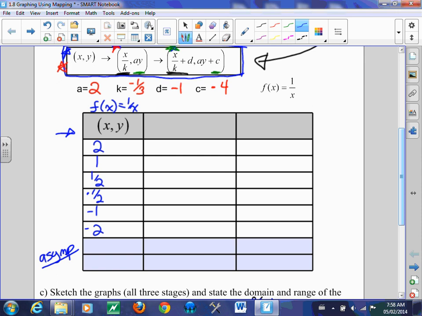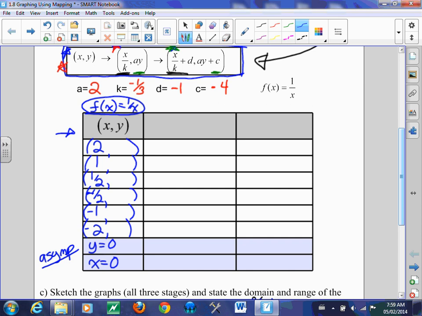So currently we know we've got an asymptote at y equals 0, and an asymptote at x equals 0. Now, those are our x coordinates that we're picking, and we've got to sub them into our parent formula here to get our y values.